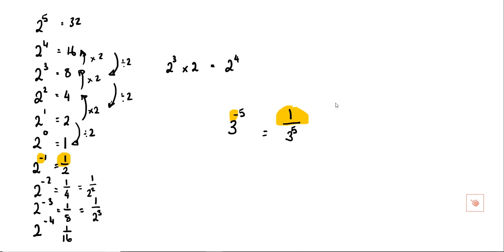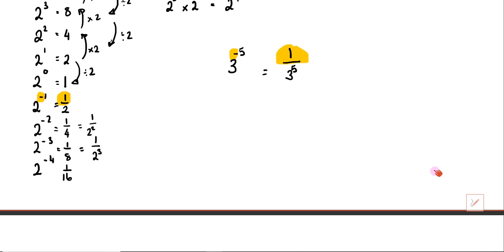Okay. So that leads us to our conclusion about negative powers. Let me just ask you quickly, what is 4 to the power of negative 4?